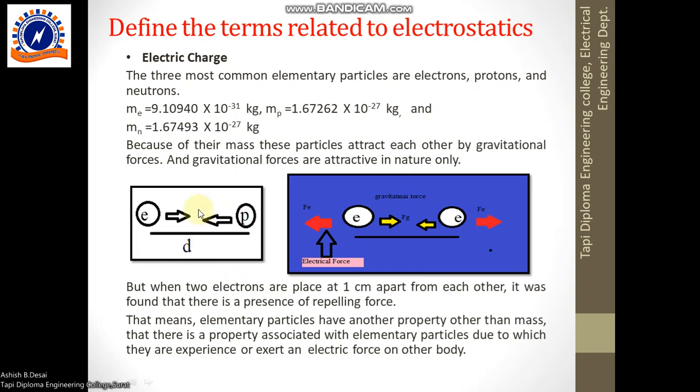At that time, they experience an attractive gravitational force. In the second case, when two electrons are placed at some distance, they also experience a gravitational force, attractive in nature.